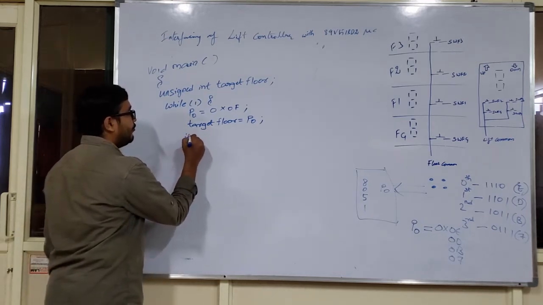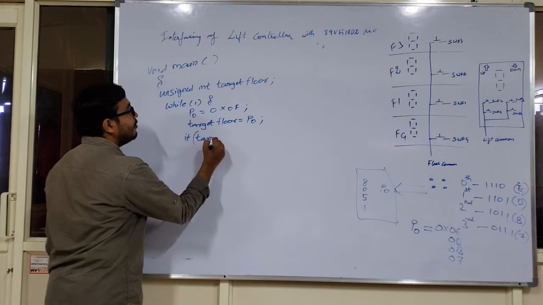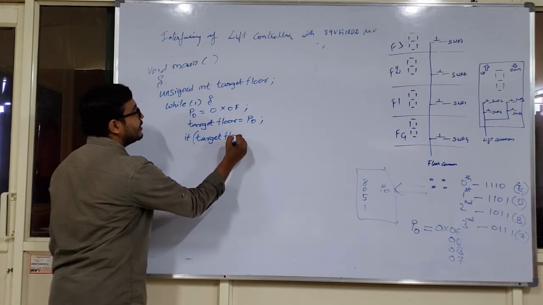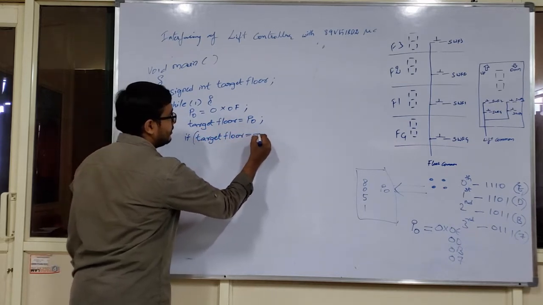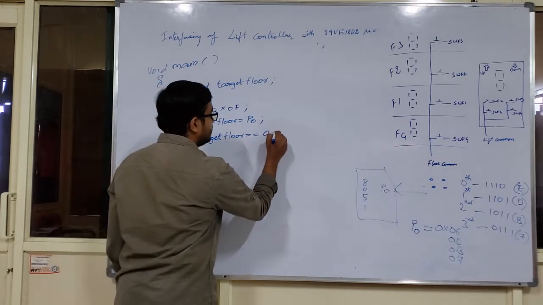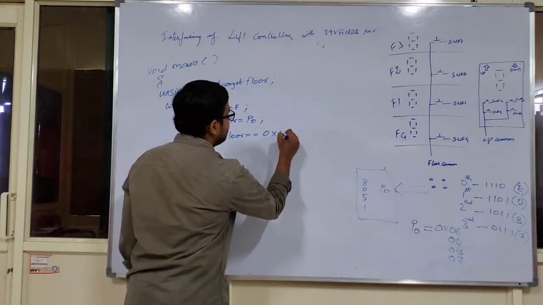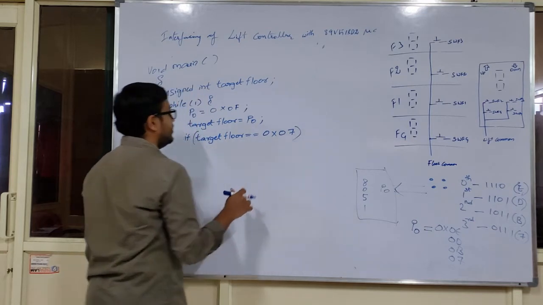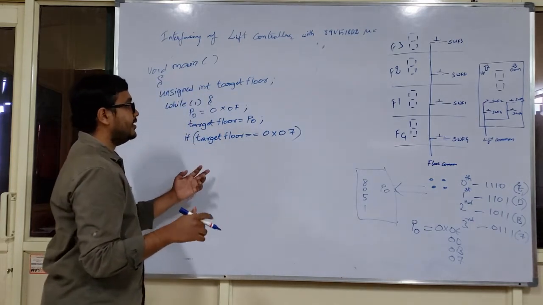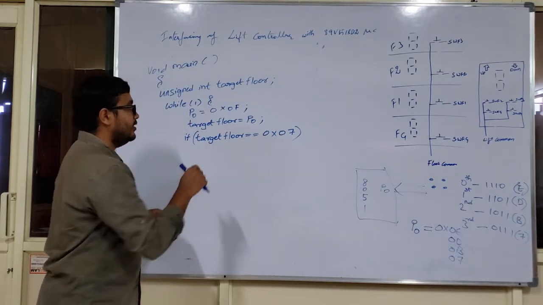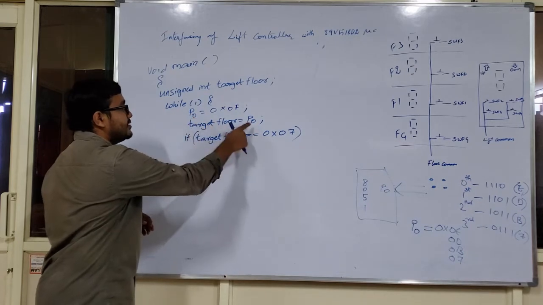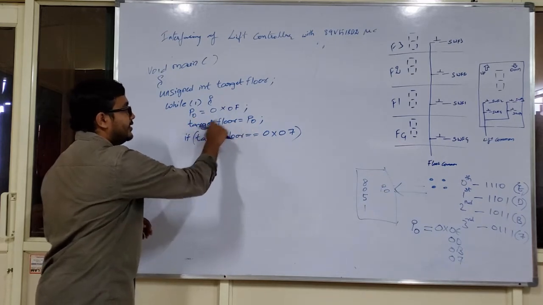Now, if target floor is equal to 0x07, that means indirectly I am saying that I have pressed the third button here, because P0 is related with the target floor in this manner.